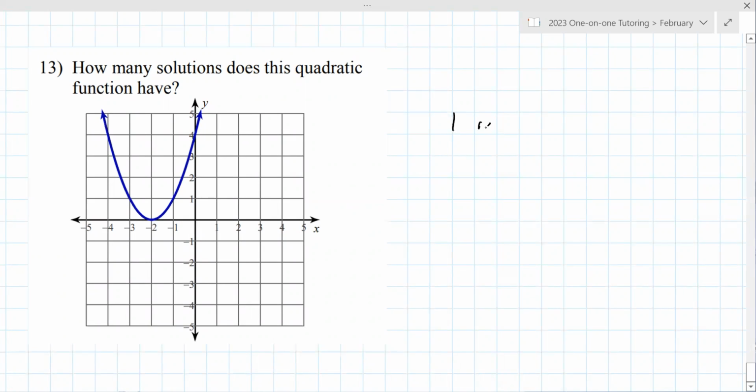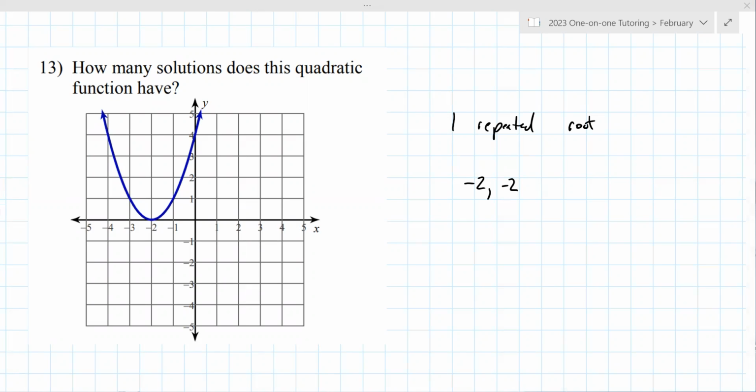It's got 1 repeated root. That's for sure. You may want to ask your teacher how to answer that, because it really depends on the style of them. It only touches in 1 spot, but it is considered a repeated root.